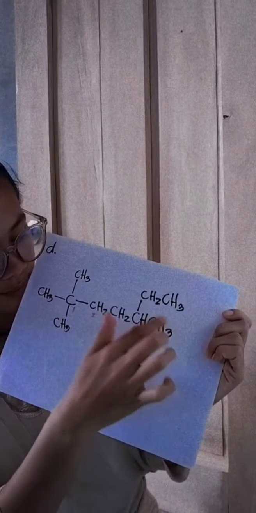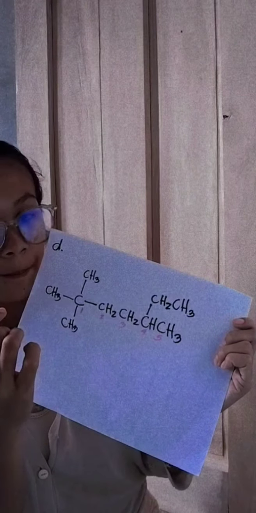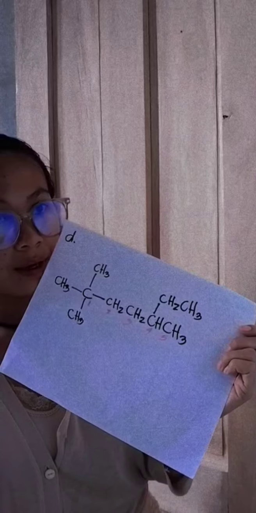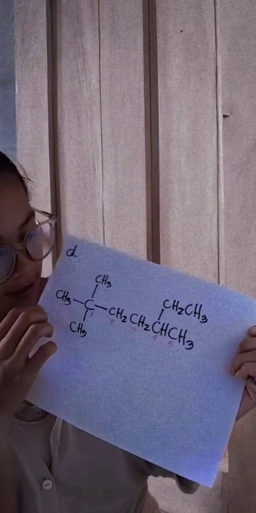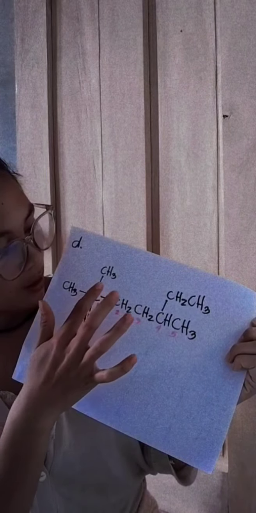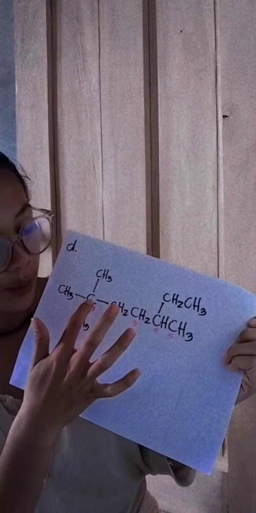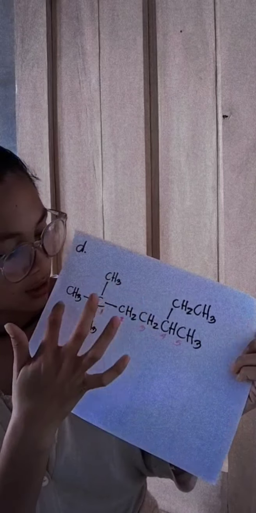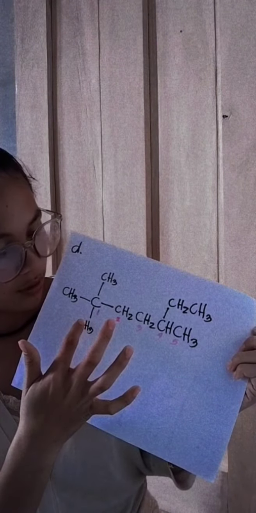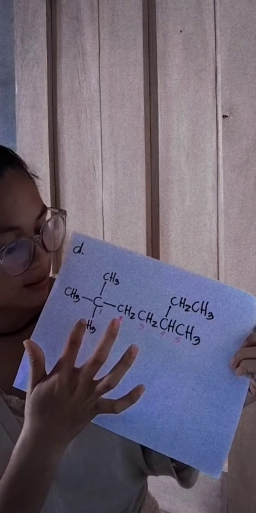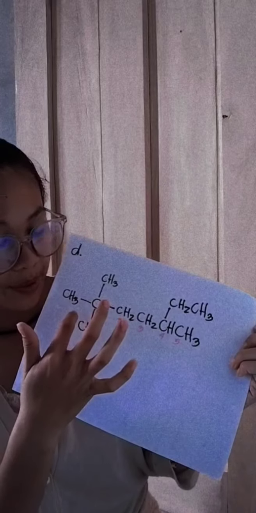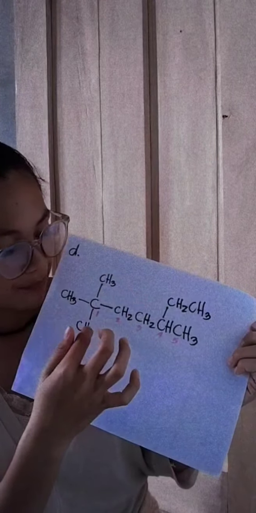We have pentane, same as problem B and C. So in carbon 1 we have 3 substituents which are methyl. So we call this as trimethyl because there are 3.